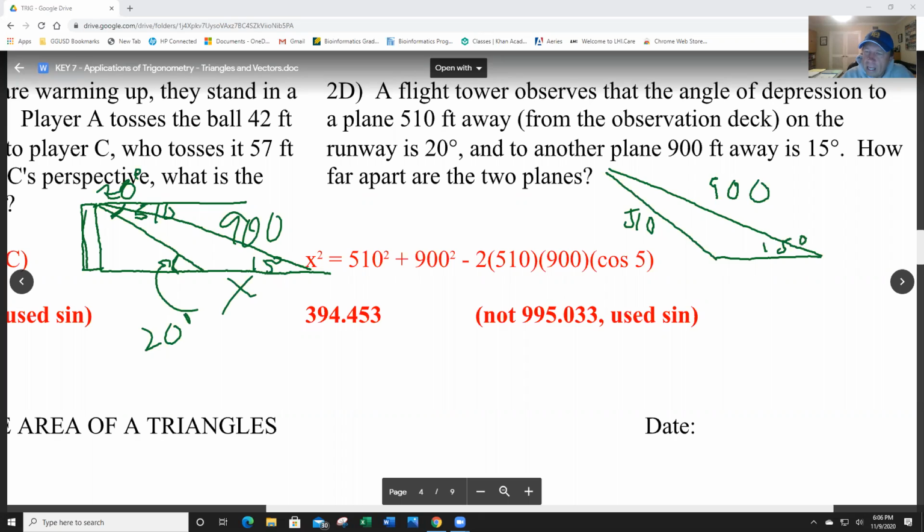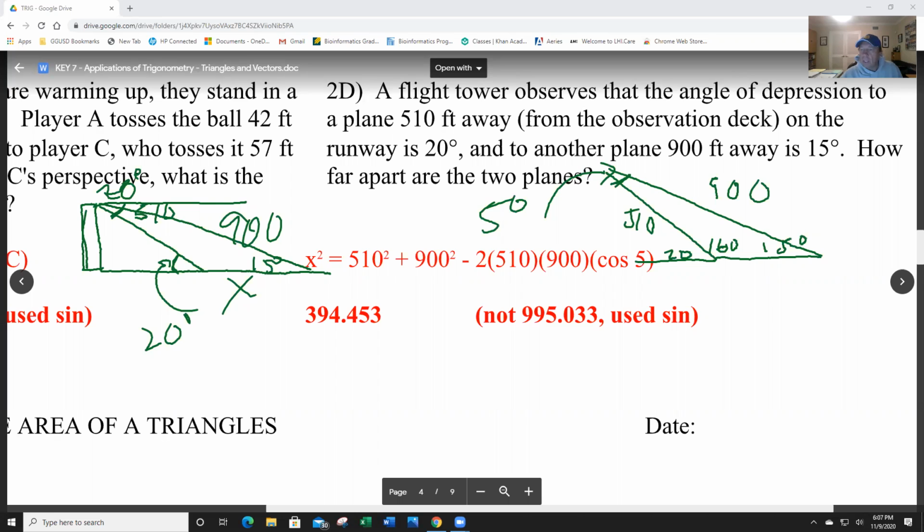This right here, remember, this is 20. So that makes this one 160. Okay. All right. And then this angle right here is going to be super tiny. It's going to be 5 degrees. Okay? That's the triangle we're interested in.